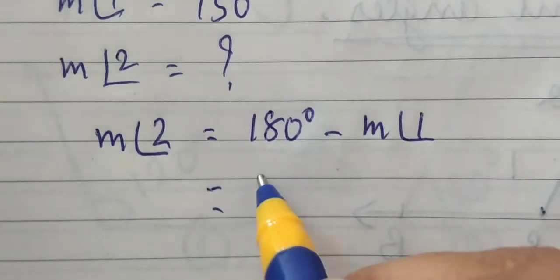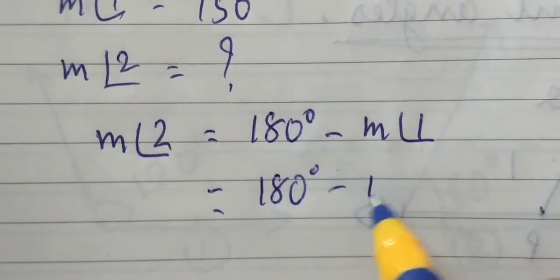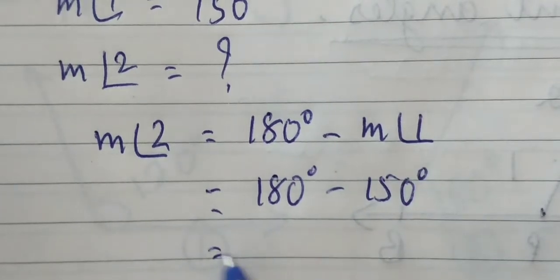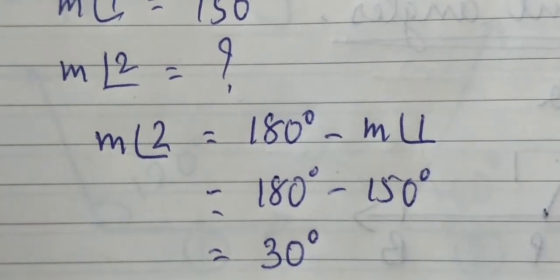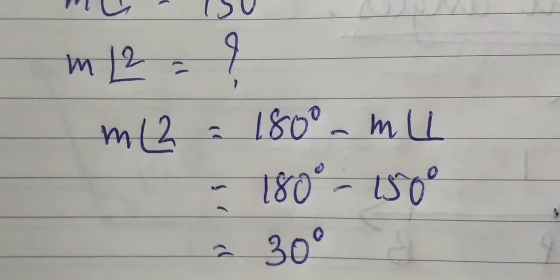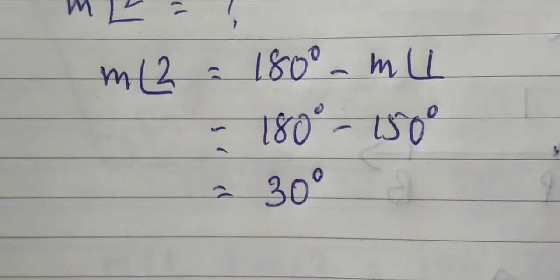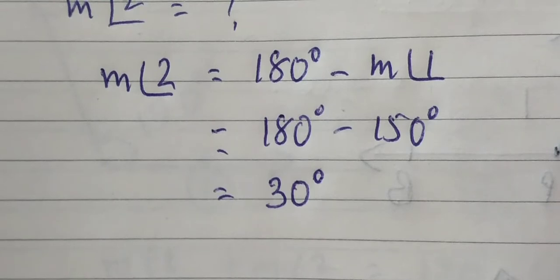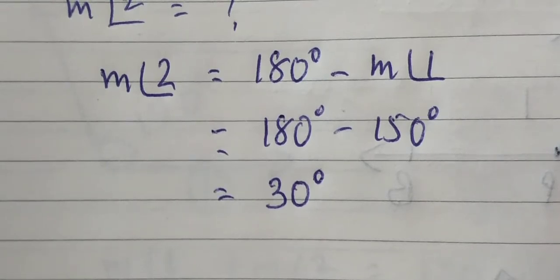And what do we get? 180 degree minus 150 degree gives you 30 degree. It is as simple as you calculated for complementary angles as well as supplementary angles. Is that clear, children? Hope you have understood.